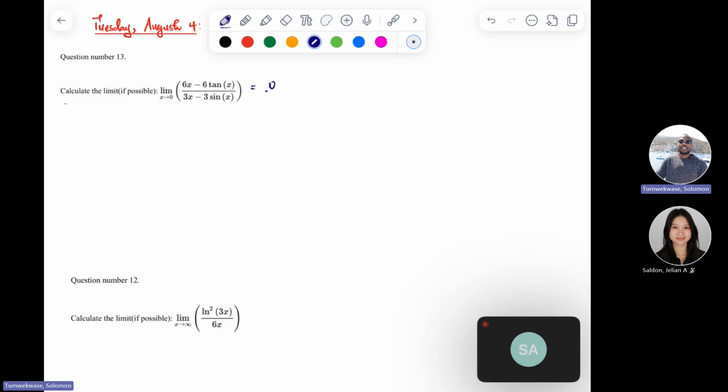And the bottom, when I substitute 0, that's 0, sine of 0 is 0, and this is also 0. So whenever I have a case like this, 0 over 0, that calls for L'Hopital's rule.